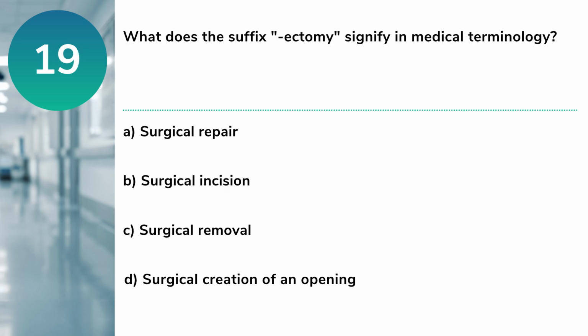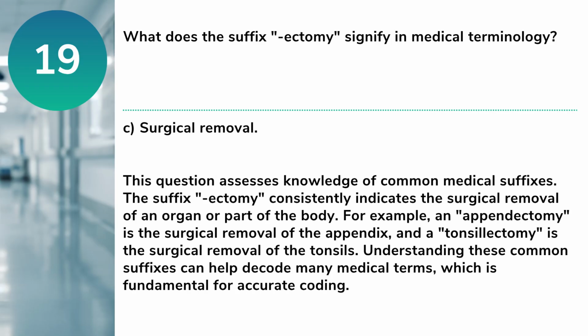Question 19. What does the suffix ectomy signify in medical terminology? A. Surgical repair. B. Surgical incision. C. Surgical removal. D. Surgical creation of an opening. Answer: C. Surgical removal.